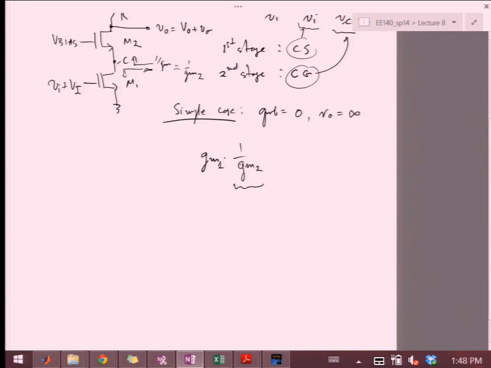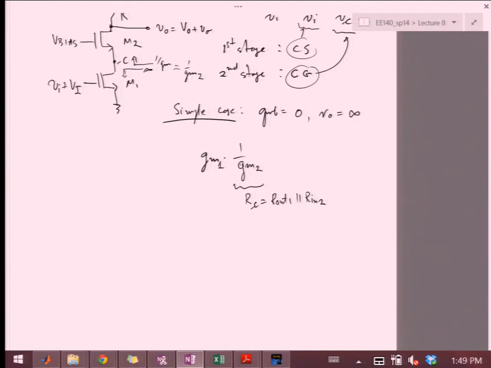So this is, we can call it RC because it's at this point C, right? That's my total load. And this is, we can say this is R out 1 in parallel with R in 2. Right? That's what we had at that node. Now, because we simplified things with R0 and GMB, it's not much of anything. It's very simple. But later, when we complicate it with R0s and GMBs, this will be a little bit more involved. Okay?